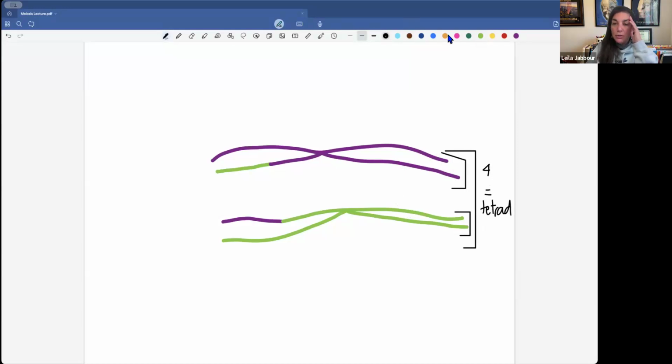Now let's draw the kinetochore. The kinetochore is a number of proteins at the centromere. So technically speaking, that's the centromere. Actually, I wrote it in a place I don't want it to be.